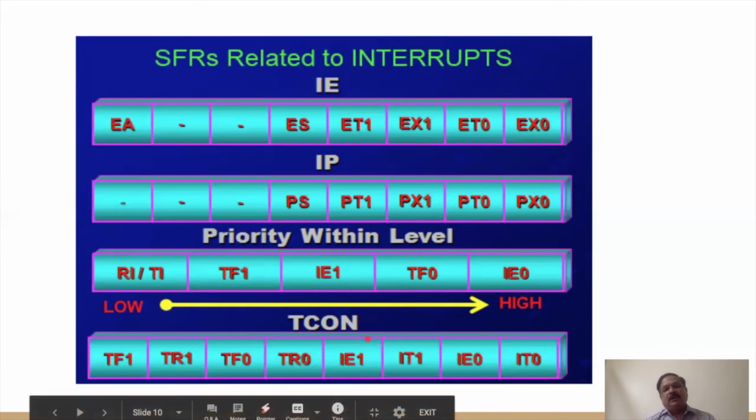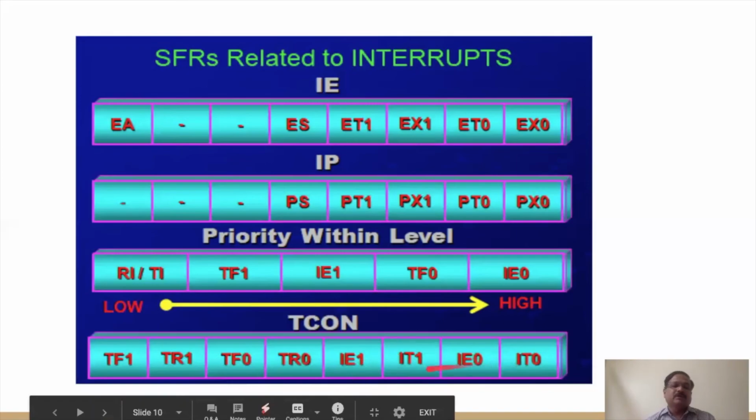Now in the TCON, the LSB 4 bits are used for interrupts. Here you can see IT0 and IE0 correspond to external interrupt 0, and IT1 and IE1 correspond to external interrupt 1.